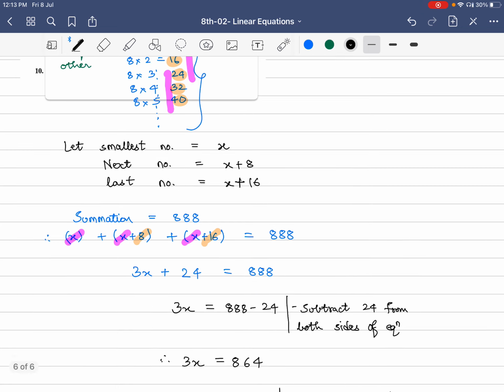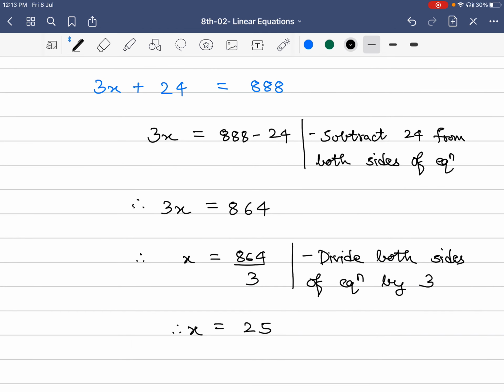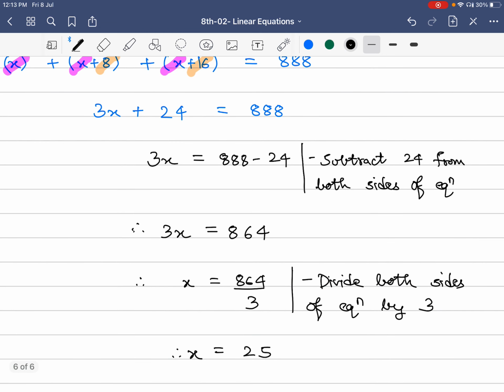Their addition is going to be 3x plus 24, correct, right? 3x plus 24 equals 888, minus 24, 864 is correct. 864 is not a perfect multiple, so x should be a multiple of 8.